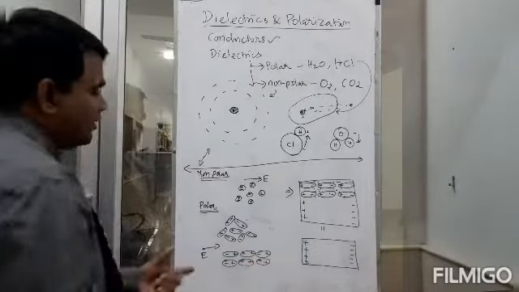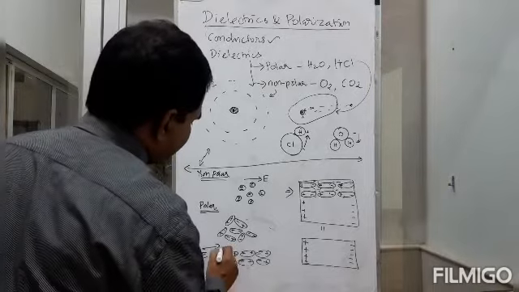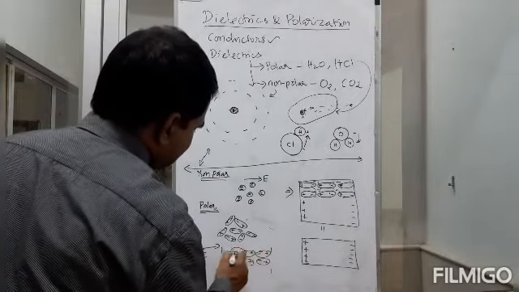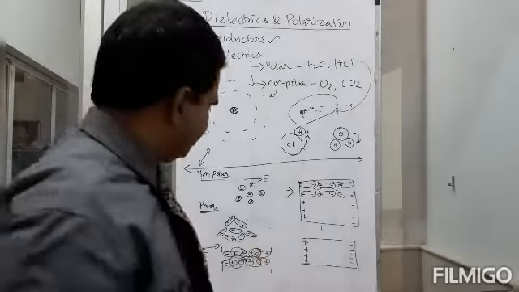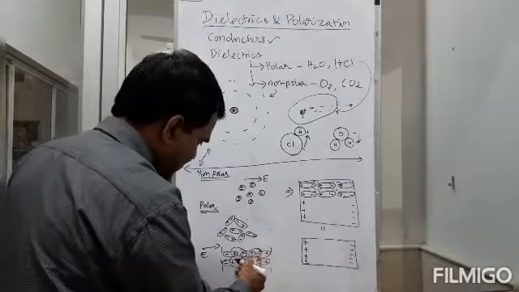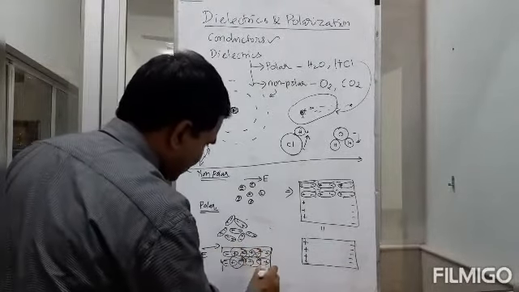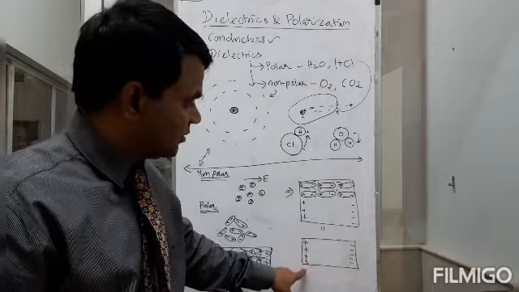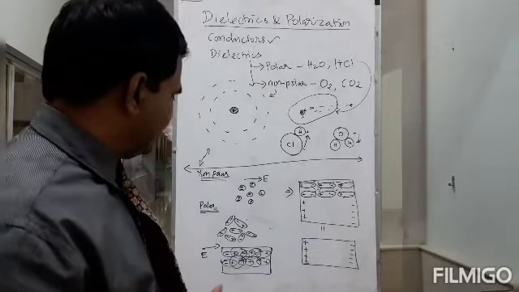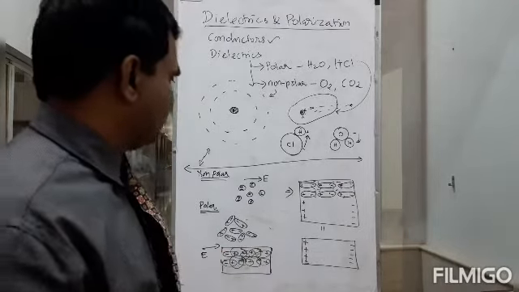So this kind of orientation can take place here. The internal ones could cancel each other out because they will be very close to each other. And outside, this material also will have a net positive charge on one side and net negative charge on the other side.